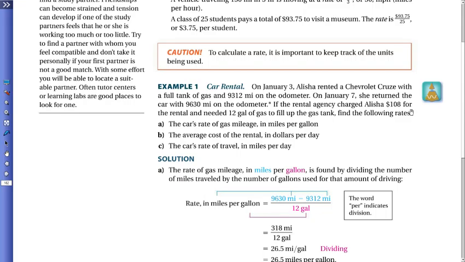If we look at this, it says the car's rate of gasoline miles in miles per gallon. Well, we know that it used 12 gallons, and we also know with some calculation how many miles she traveled. Here's the gas mileage, right?